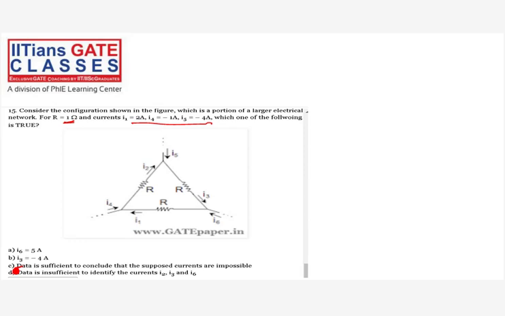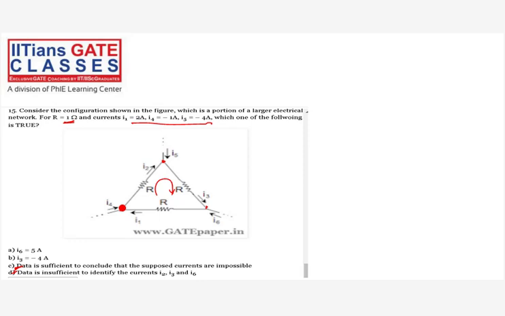Okay, so if you see this, this is a closed path. If you start from here, the voltage drop across that circuit should be 0. Let me write the voltage equations in the loop.